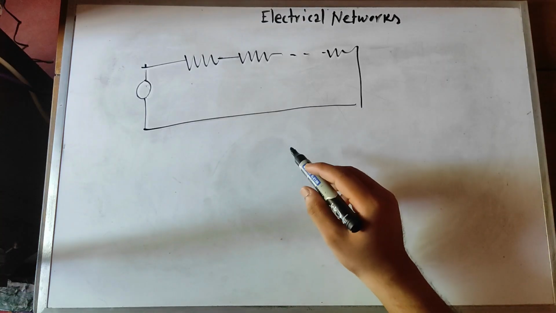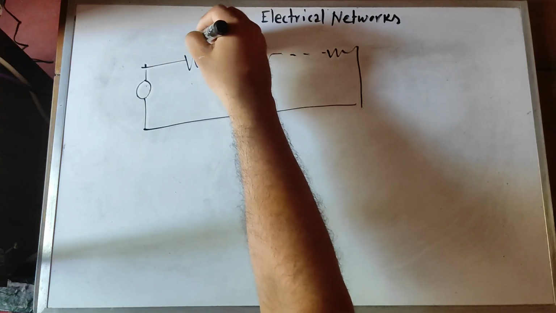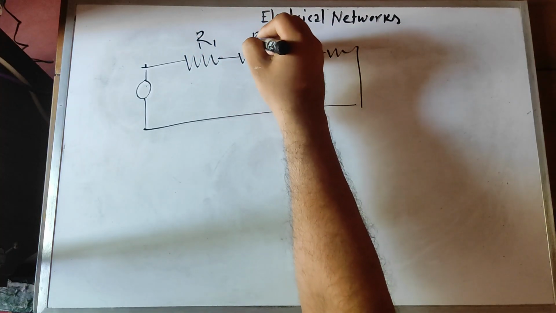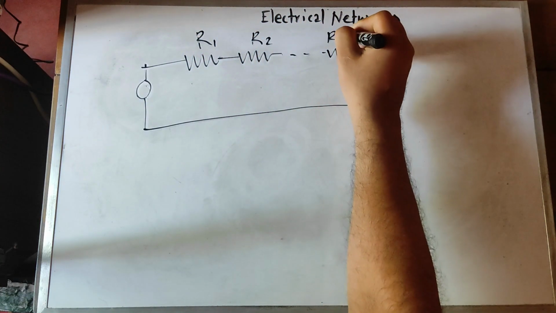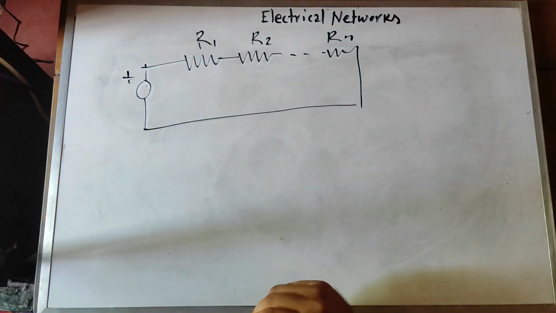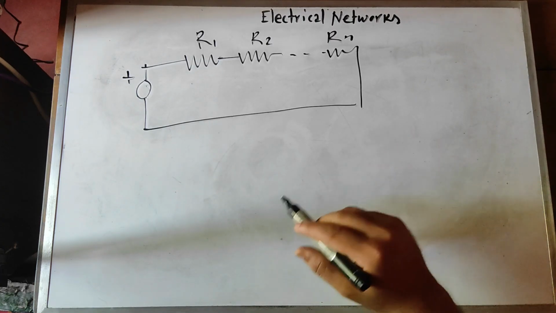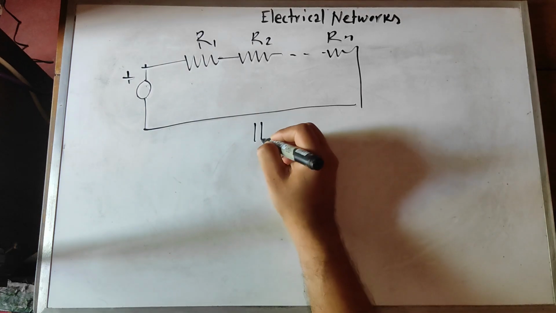Now this is a series circuit with resistances R1, R2 to Rn, and this is a voltage source. What is the electromagnetic dual circuit of this? It is very simple.